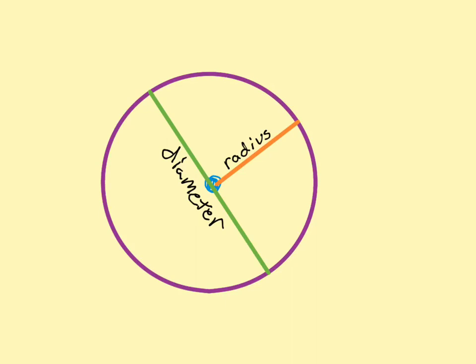So you know, when I connect any 2 points on a circle, so this point to this point, that is called a chord.